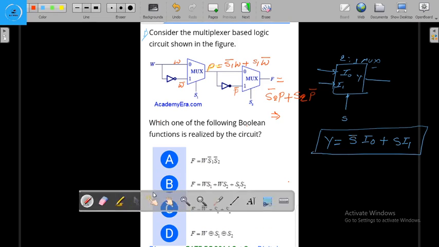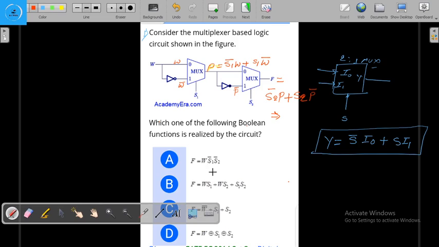Then we can say F equals S2 XOR P. What is A XOR B? A XOR B is equal to A bar B plus A B bar. Like this, P S2 bar plus S2 P bar. This is S2 XOR P.